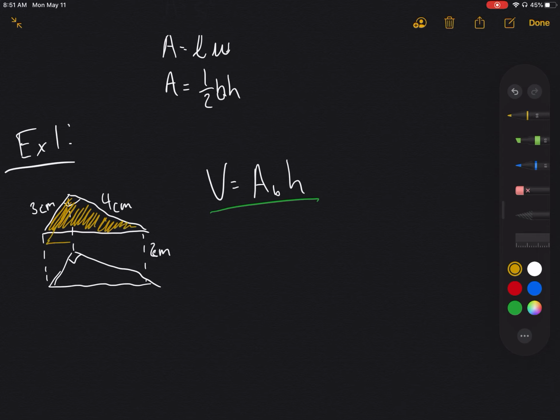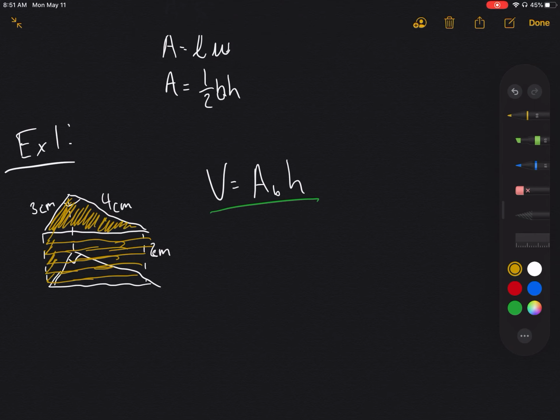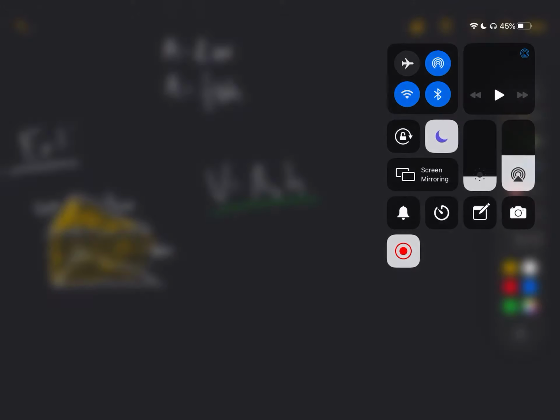So think about a bunch of those little triangles stacked up, and each of them has some tiny little height, and we stack all those heights together, and we get 2 centimeters, right? And so you can think about it like a piece of multi-layered cake. There's a bunch of layers in there, and we're trying to count up each of those layers. Well, for each layer, we have some area, and we have to use that however many times the height tells us that we should, right?